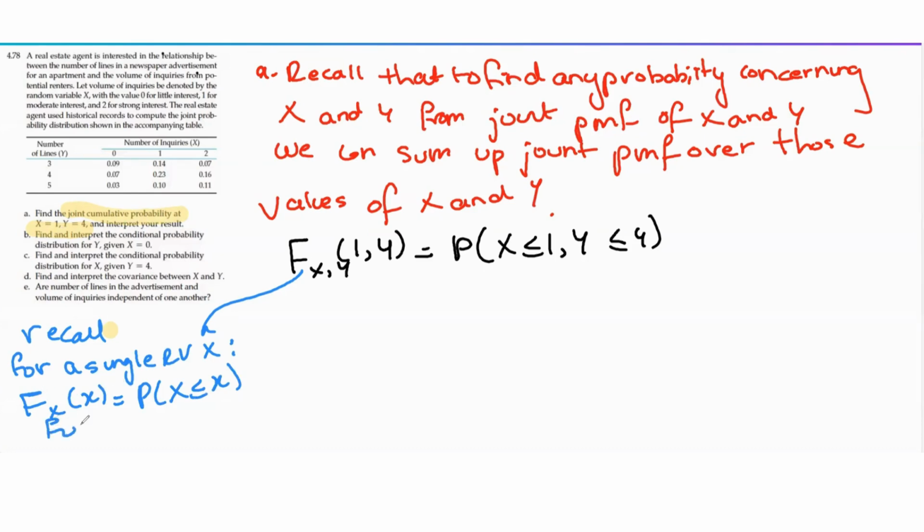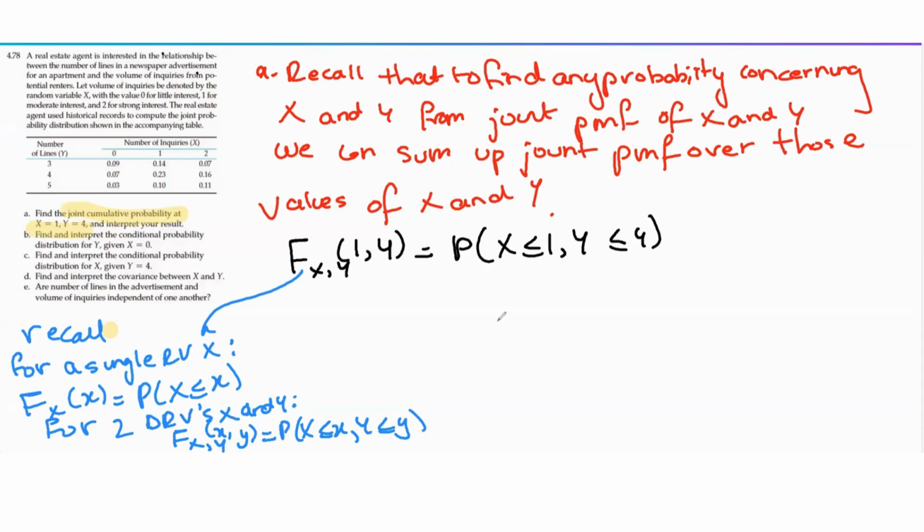For two discrete random variables X and Y, we can define the joint CDF like this: F_XY(x, y) is equal to the probability X is less than or equal to x and Y is less than or equal to y. And this is essentially what they want us to evaluate.